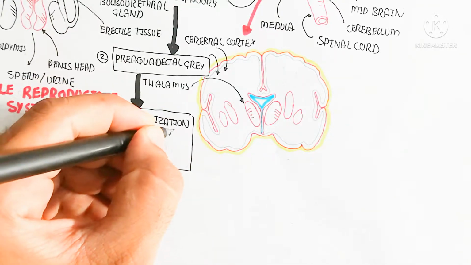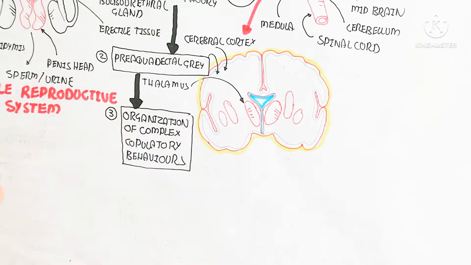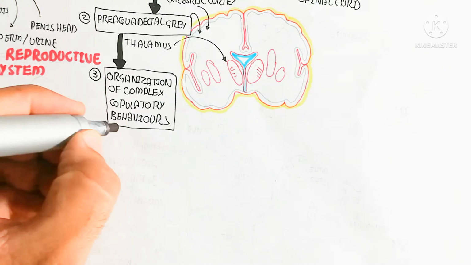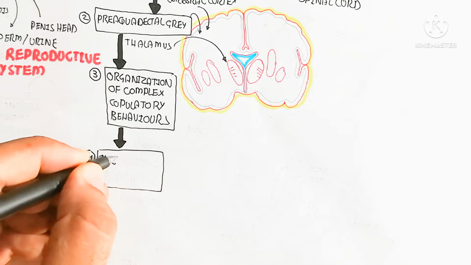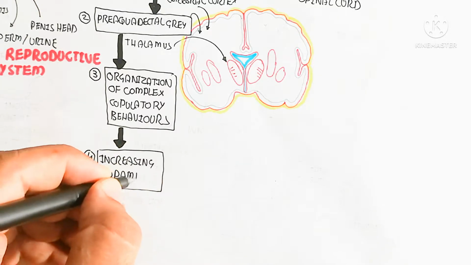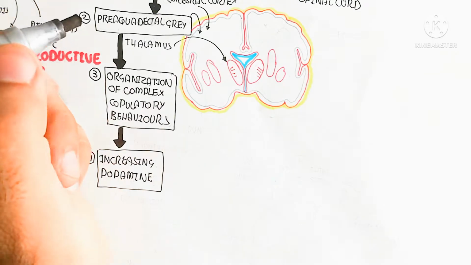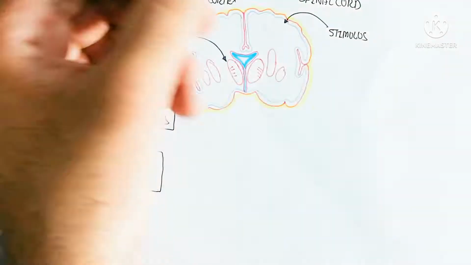The third step is the organization of complex copulatory behavior after the periaqueductal gray response. This organization of complex copulatory behavior is due to the sympathetic and parasympathetic fibers, which we will discuss. Increasing dopamine is the fourth step after the organization of complex copulatory behavior.